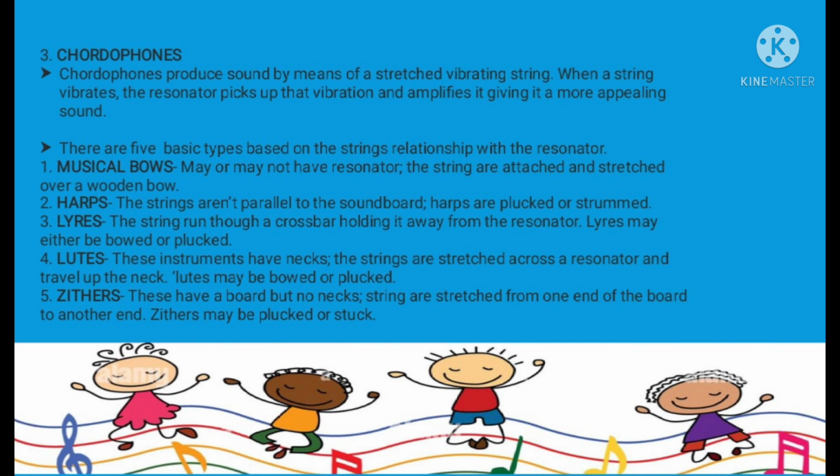These instruments have necks. The strings are stretched across a resonator and travel up the neck. Lutes may be bowed or plucked. Number 5. Zithers. These have a board but no necks. Strings are stretched from one end of the board to the other end. Zithers may be plucked or struck.